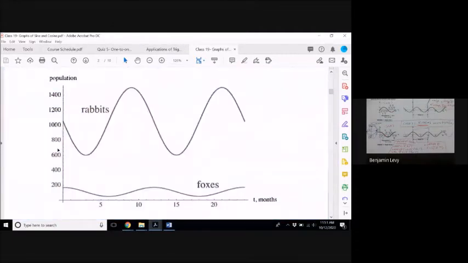Something that happens with rabbits and foxes, or any kind of predator-prey, is they have an impact on each other. For example, if we're starting with some amount of rabbits right here, they're going to get eaten by foxes, and so the population might go down. So the rabbit population in this first part of the graph is going down there.